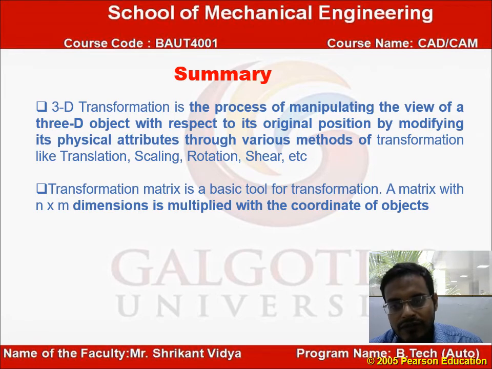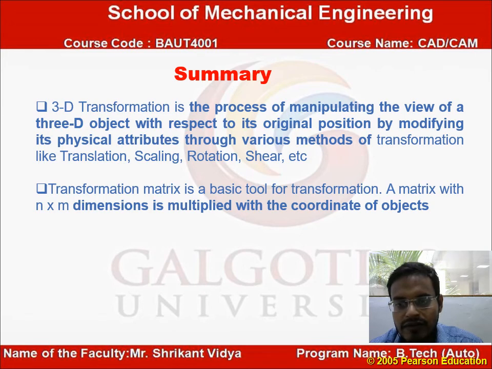All these transformations are the same as 2D, only with the inclusion of the Z coordinate and a fourth element in rows and columns. We also discussed in the lecture the composite transformation, then instance transformation.